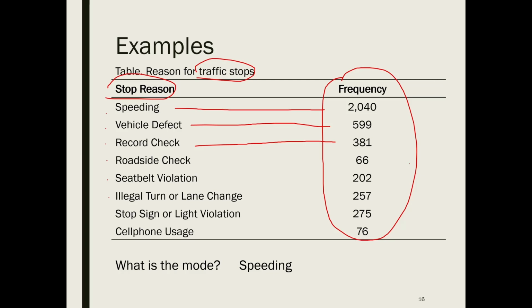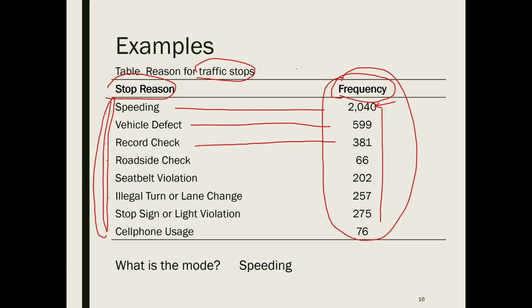This is what we talked about before: this is a categorical variable that only has names. For a categorical variable, the frequency is not its mode. The frequency is used to find the mode. The mode is the highest frequency. Among those frequencies, the highest is 2040.